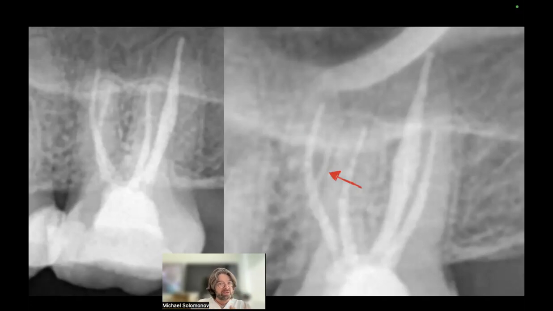For me, this supports the quality of irrigation with the continuous chelation technique, when NaOCl is combined with HEDP.